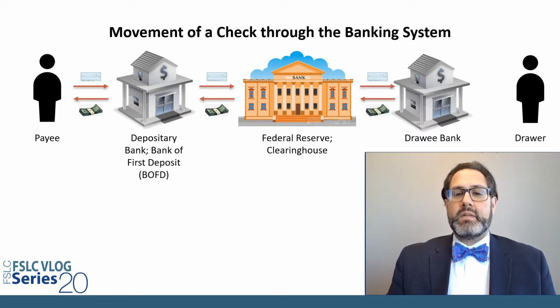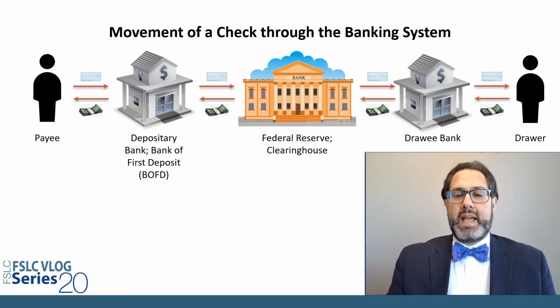The Fed then presents the check to the drawee bank, which is the bank identified on the face of the check with its logo and name, either in the lower left-hand corner of the check for most personal checks or in commercial checks near the upper right-hand corner by the check number. The drawee bank receives the check from the Fed and in turn provides funds to the Fed through a debit from its account at the Fed.